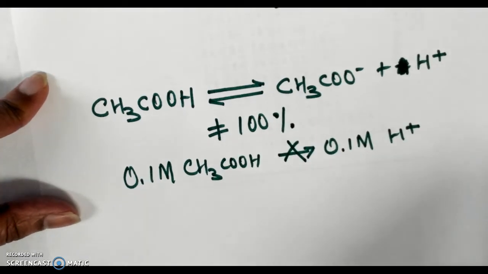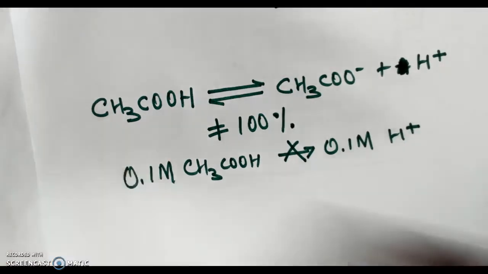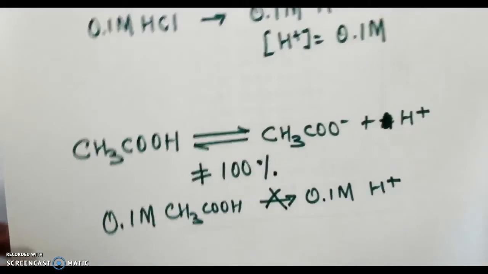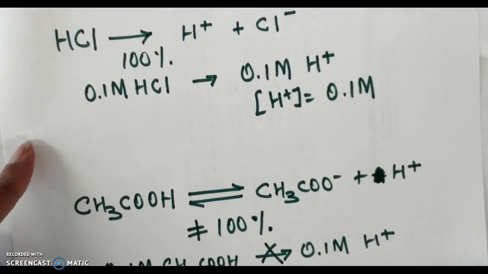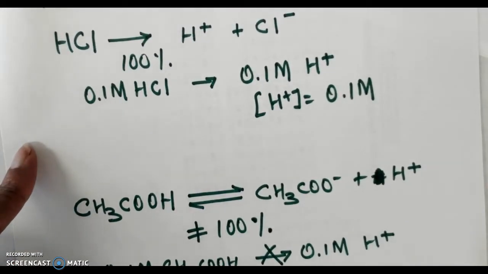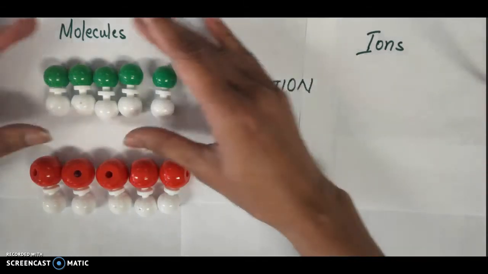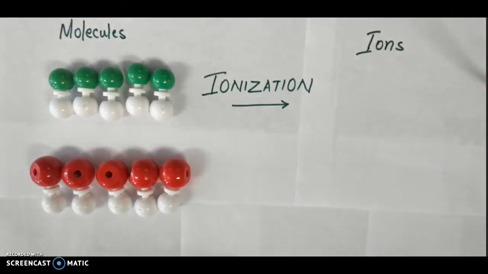Now, how can this be modeled? So I'm going to show you ionization with the help of some molecules. If I want to model 100% ionization, these are my 5 molecules of an acid.